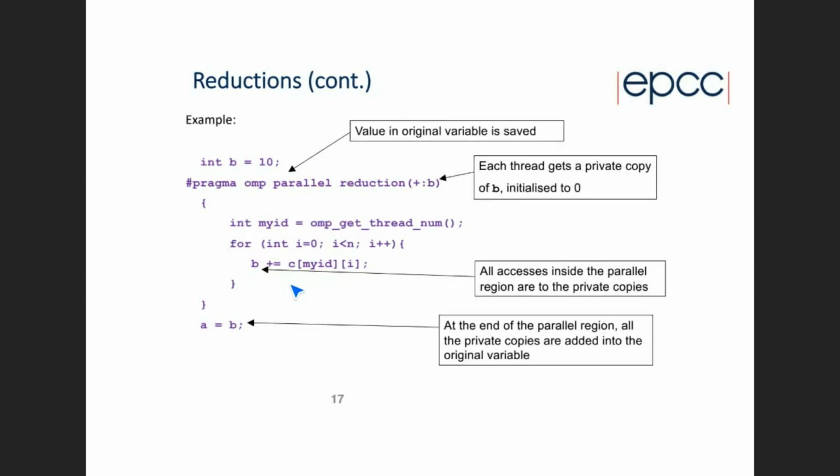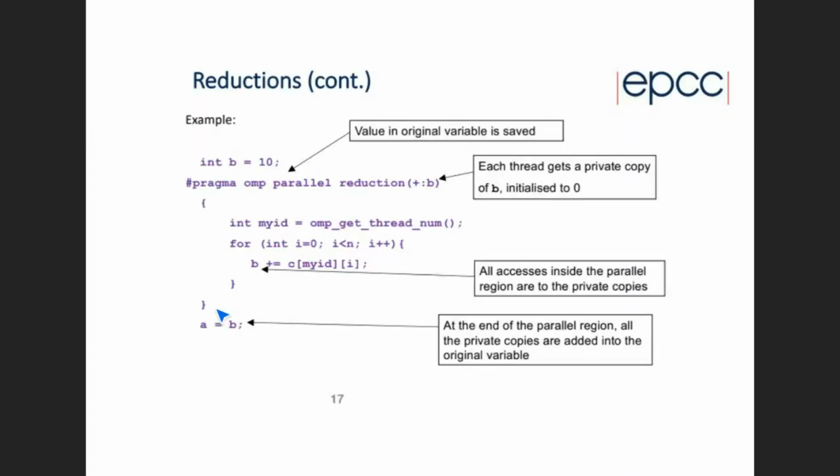But then at the end of the parallel region, all those private copies are added back into the original variable. So the final value at the end of the parallel region is whatever the original value was plus the sum of all the private copies.